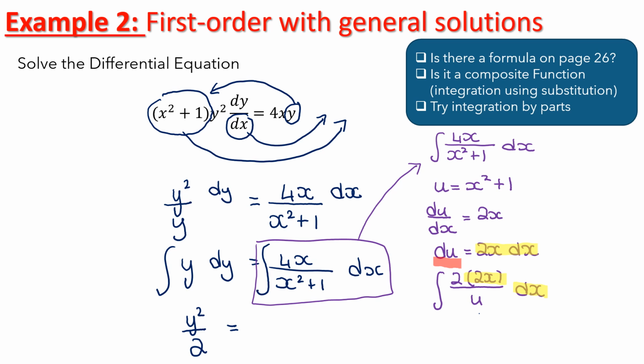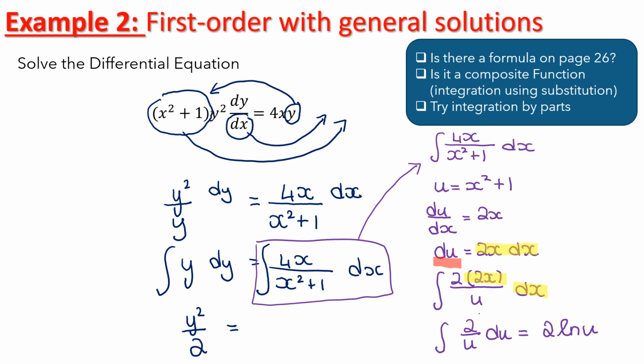So you're doing two things with our u substitution. You're making sure that you change all of your variables, but you also need to change that dx into a du at the same time. So this becomes 2 over u du, which is what we want to integrate. That 2 can be pulled out in front if you want, or you can leave it there. So that's 2 natural log of u.